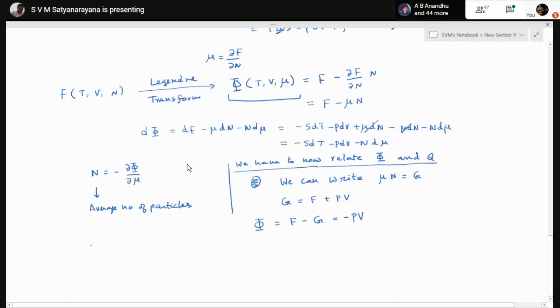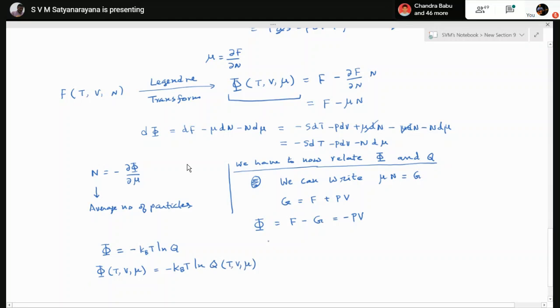Similar to what we had in the canonical partition function, we can say that this phi, the grand potential, can be written as minus kBT logarithm of the grand partition function Q, because remember, this phi depends on T, V, and mu.